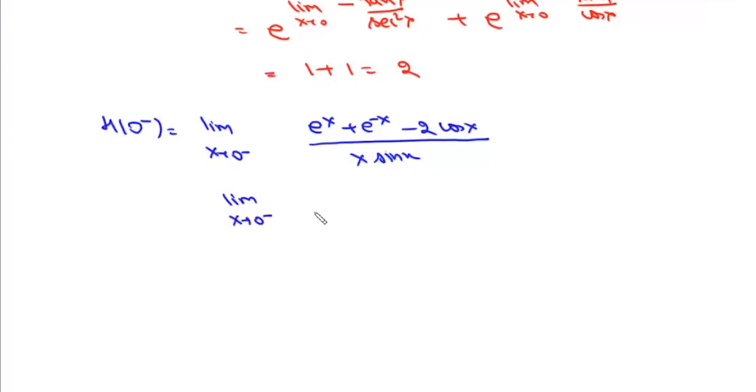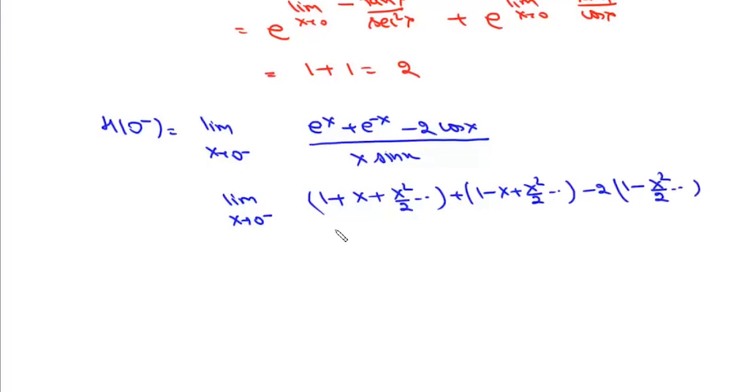So this is 1 plus x plus x square upon 2, plus 1 minus x plus x square upon 2, and then minus 2 times (1 minus x square upon 2), whole divided by x times (x minus x cube upon factorial 3).